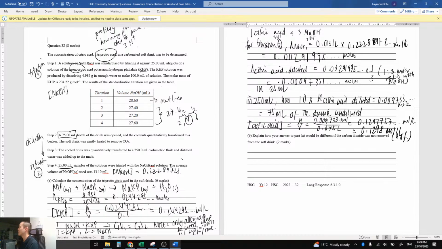Okay, now the other important part that I think a lot of people get confused is the moles and the concentration. Now, just to briefly go over it, the concentration, if you take it out from the same beaker, regardless of how much you take, or if it's the initial concentration, that will be the same.